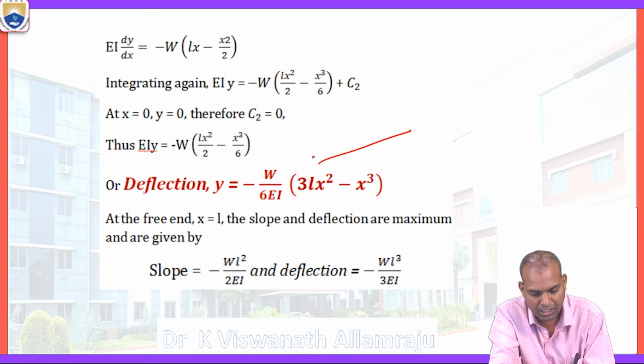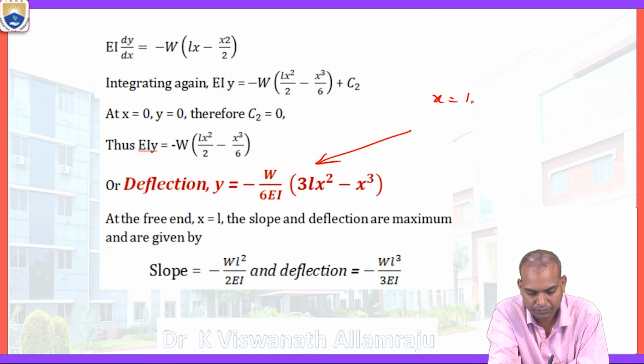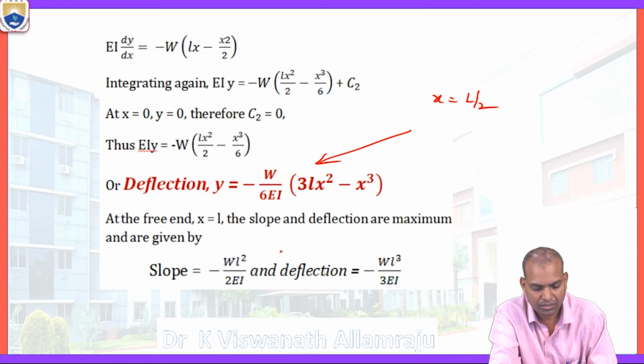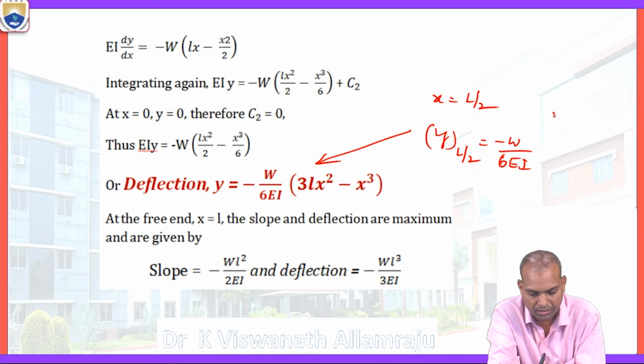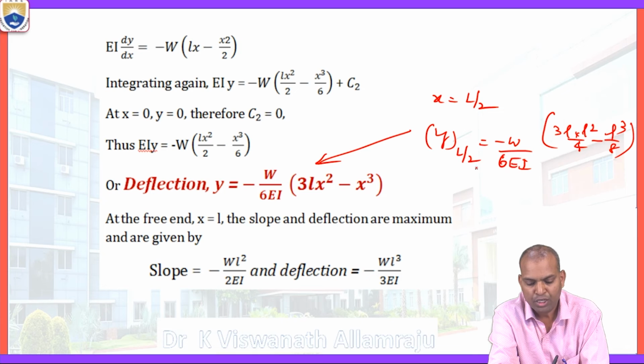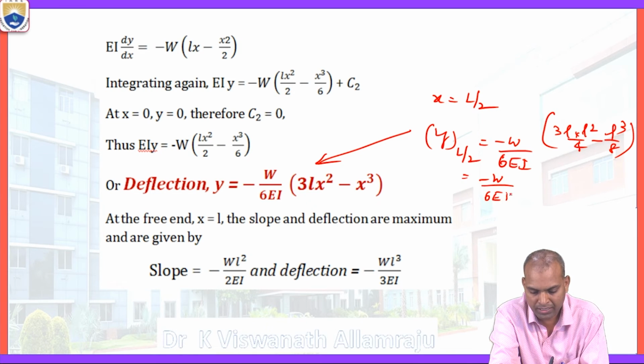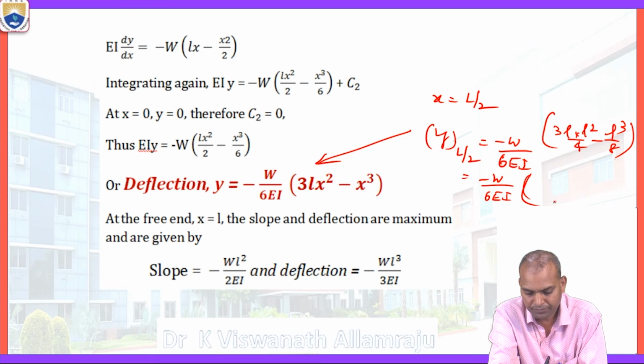If you substitute x equal to L by 2 in this equation, the deflection at a distance of L by 2 comes, that is minus W by 6EI times 3L into L square by 4 minus L cube by 8. If you simplify this equation, minus W by 6EI, now it is 8, that means 6L cube minus L cube.